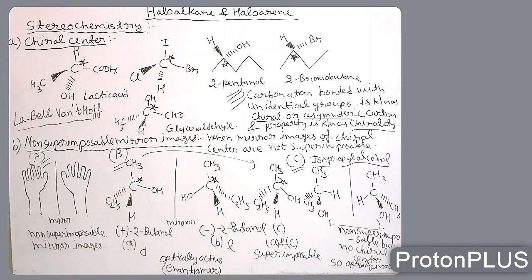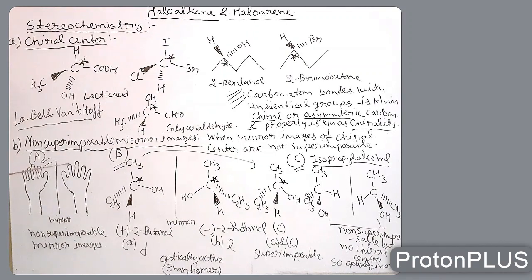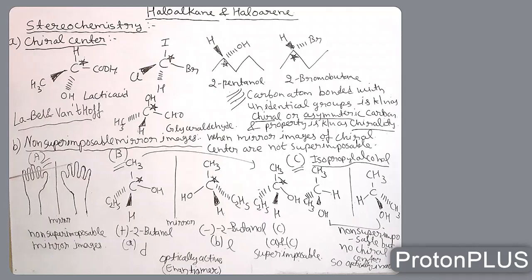So it is not having a starred carbon. But we can draw the mirror images as shown. These two mirror images are not superimposable, but it is not fulfilling our first requirement, that is a chiral carbon or chiral center. So it is optically inactive.